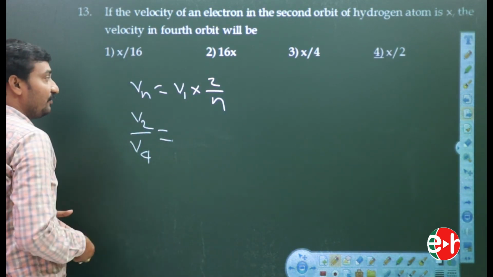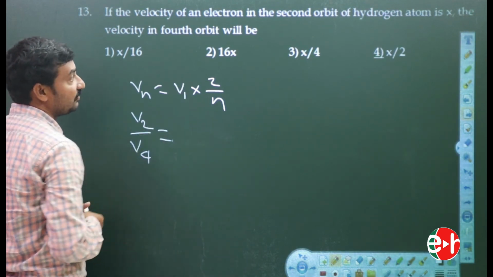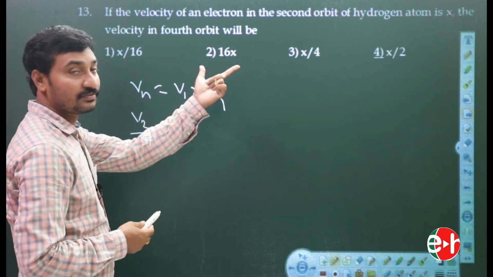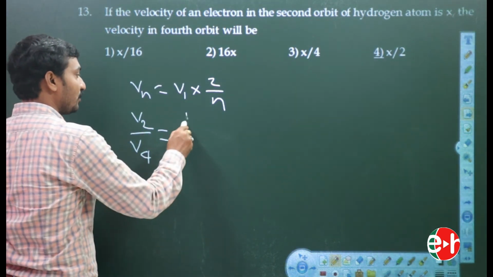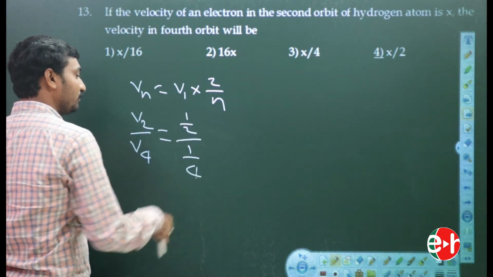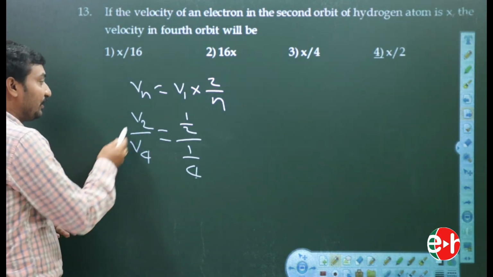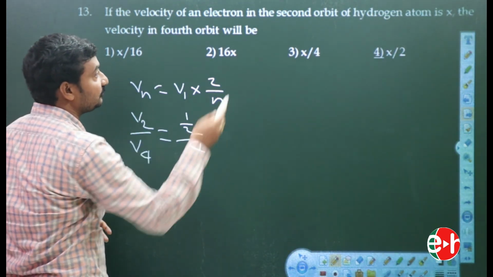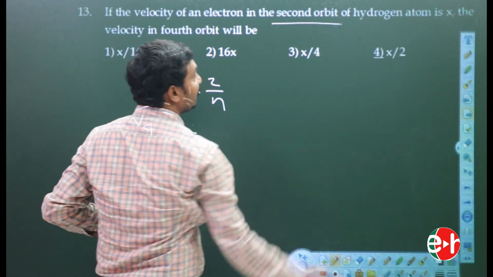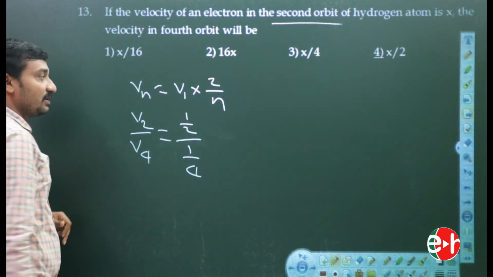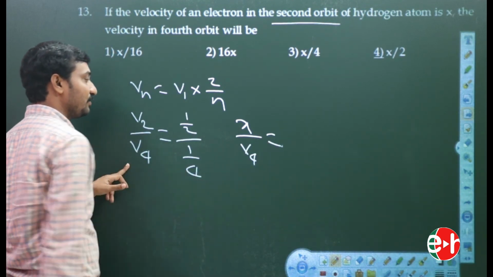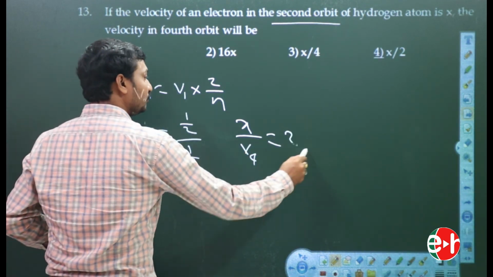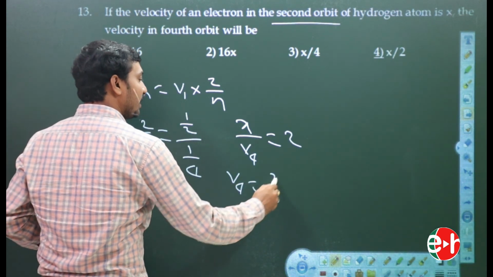Then V1 cancels, Z value is the same because it is a hydrogen atom, then it depends on n value. So 1 by 2 by 1 by 4. V2 is given as X, so X by V4 is equal to 4 by 2, then V4 is equal to X by 2.